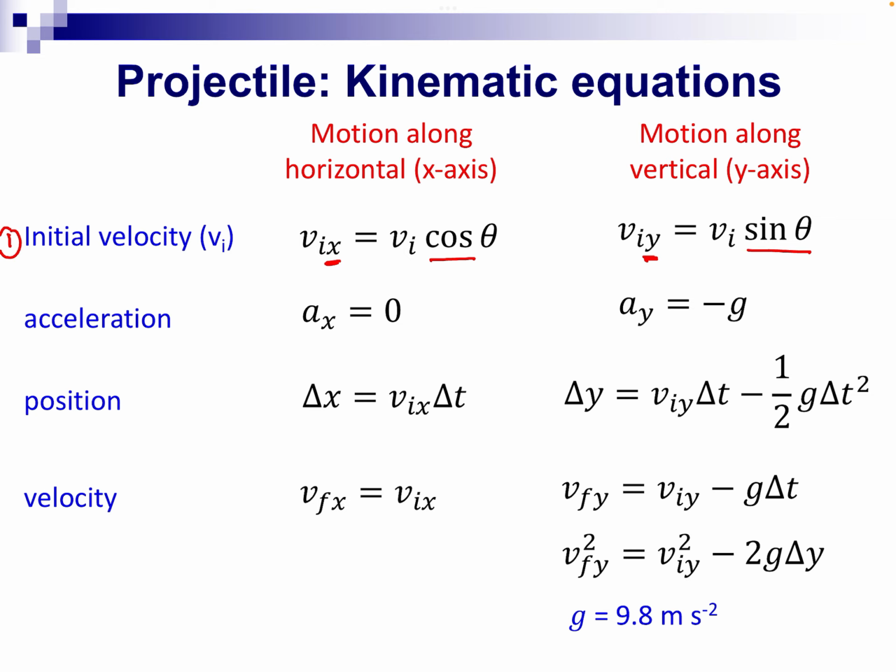And from that information, you can modify the kinematic equations to determine the position of the object along the x and the position of the object along the y. The velocity of the object along the x is the same all the time, and the velocity of the object along the y will change according to gravitational acceleration and the kinematic equation.